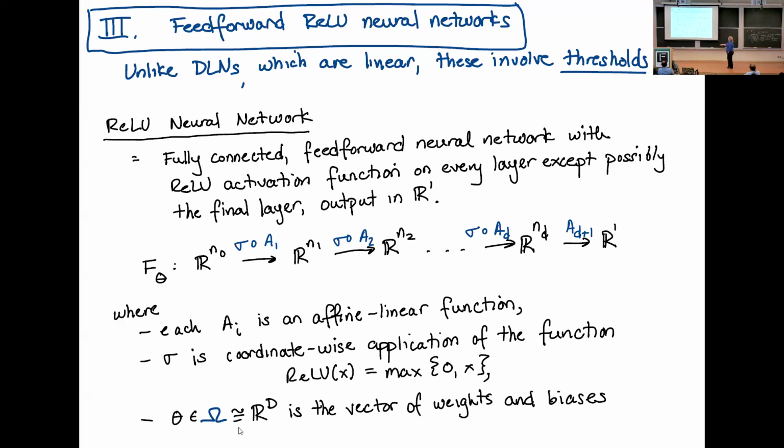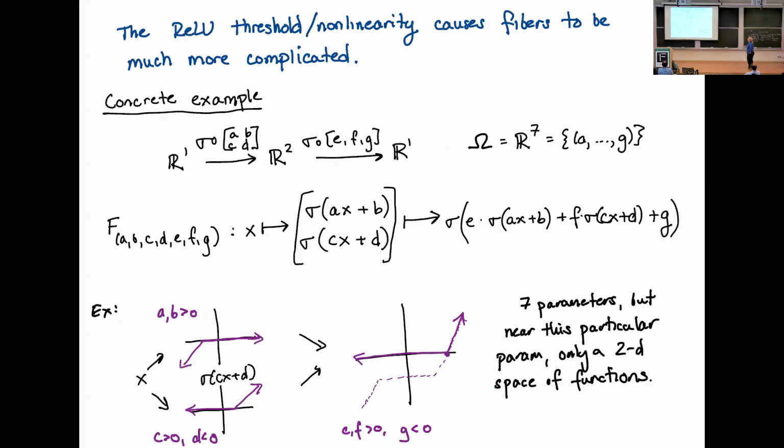In this case, our parameter space is just all the weights and biases, meaning all the entries in the matrices that determine these affine linear maps. Unsurprisingly, having a threshold causes fibers to get a lot more complicated.